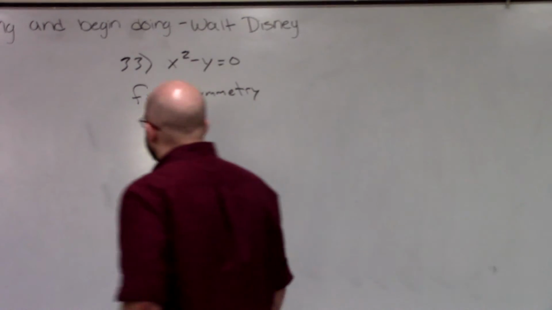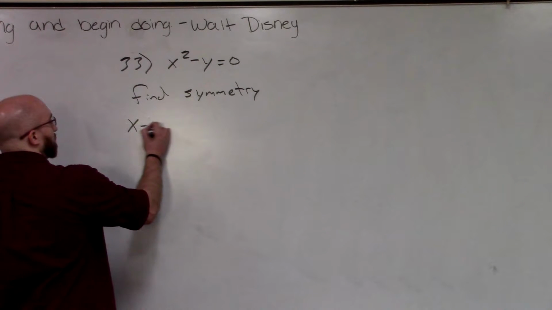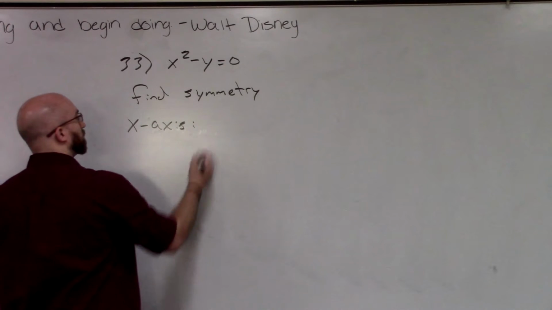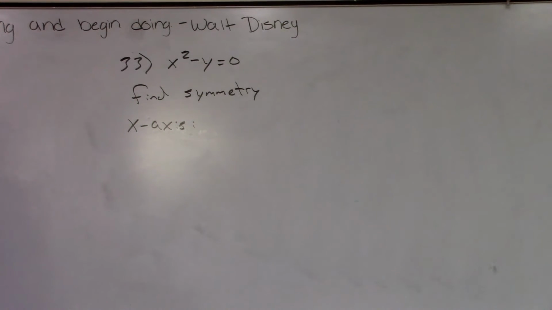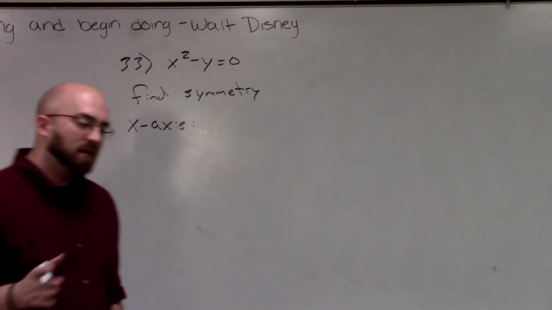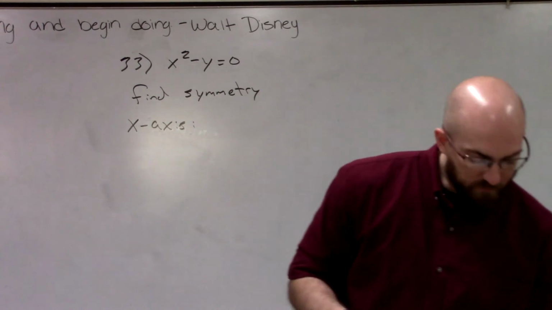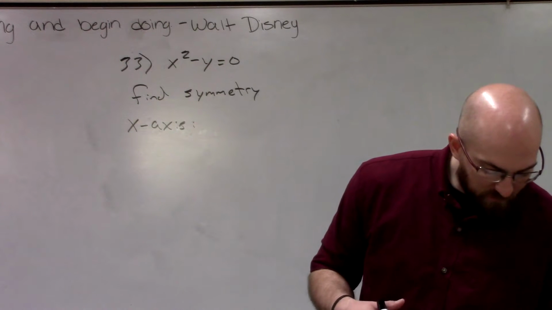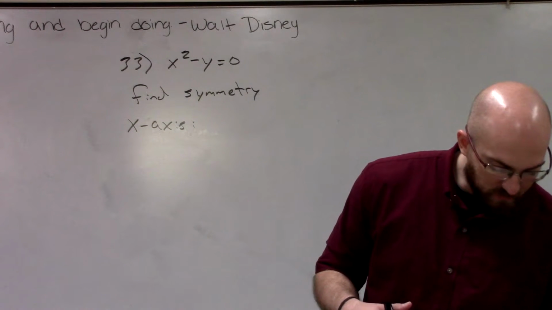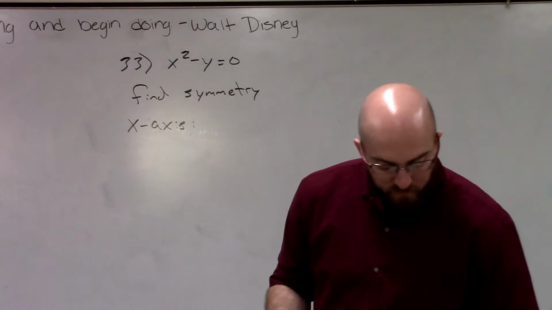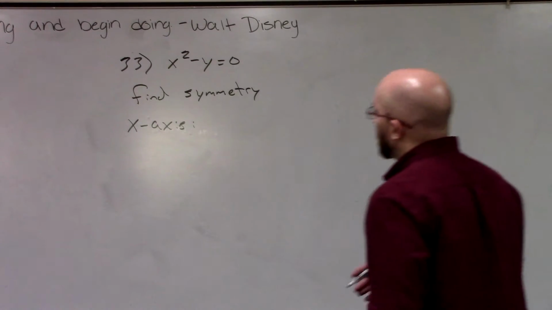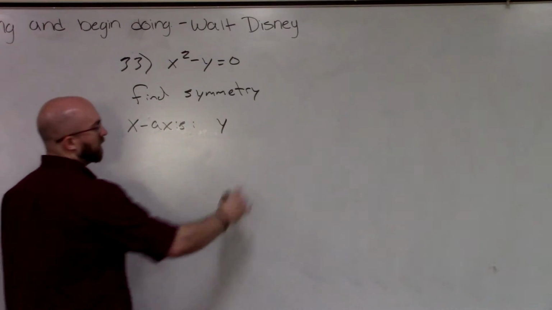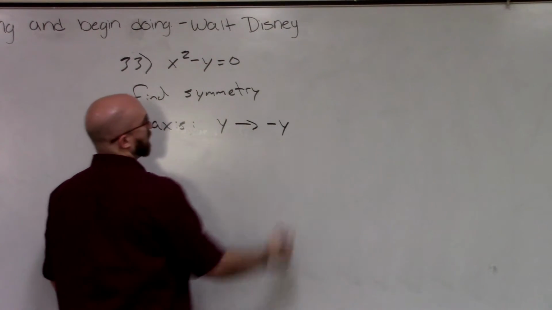The first one, we want to see if it's symmetrical across the x-axis. From the notes, and that's why I always say to bring your notes, it says plug in a negative y to see if it's symmetrical across the x-axis. Now, the notes can be confusing if you're not used to reading a math textbook, which most students don't know how to read. So wherever we see a y, we change that to a negative y.